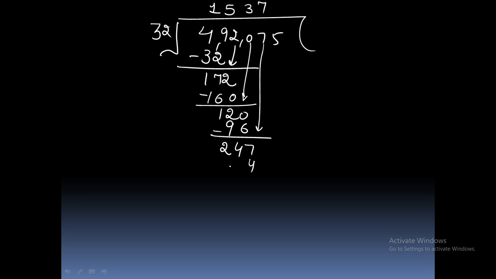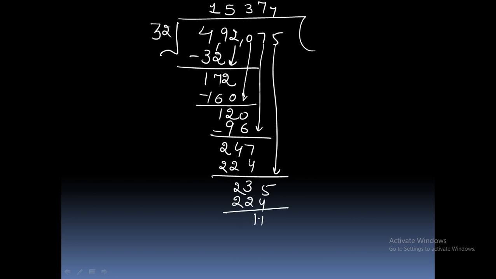7 2 is 14. 7 3 is 21 plus 1 22. 3 2. And again go on 7. 1 1. Now take decimal and take the 0, it will go on 3, that is 96, or 10 minus 9 1, then again take 0.